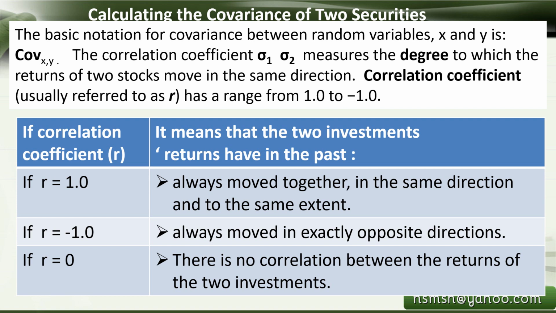This is the understanding that we should have. This is the main part for students to understand. Most of the examination questions are given here, so we have to understand how they move. If we want a balanced risk mitigation approach, we can select a pair of investments with these correlation coefficients. That is also important.